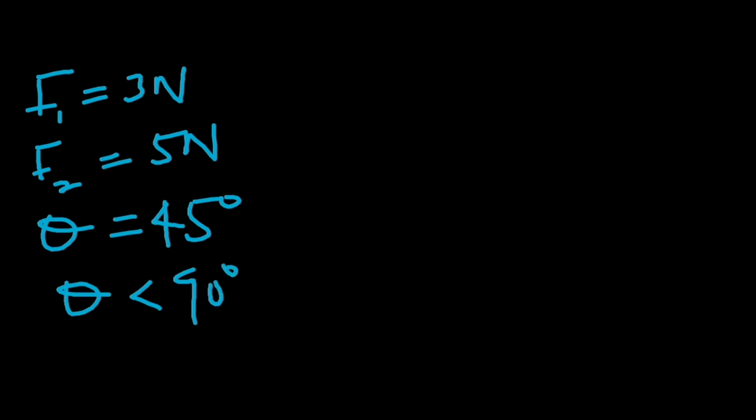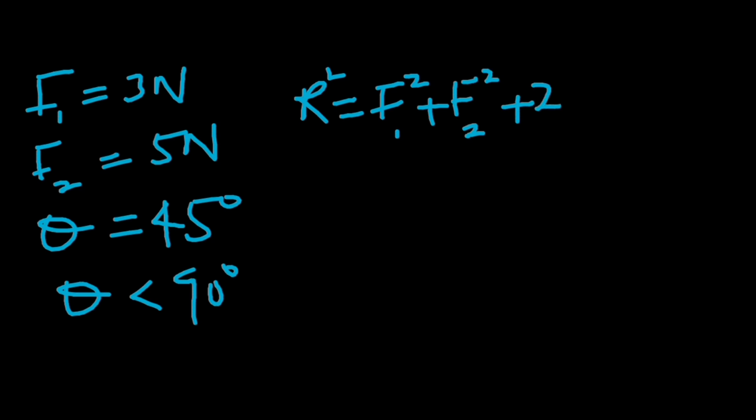So our formula for the resultant force R will be given as R squared equals F1 squared plus F2 squared. This time around, since theta is less than 90, we'll stick with the plus 2F1F2 cos theta.